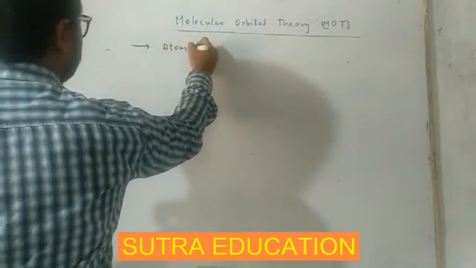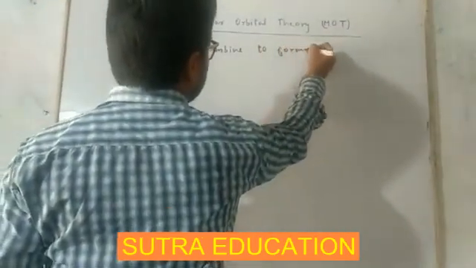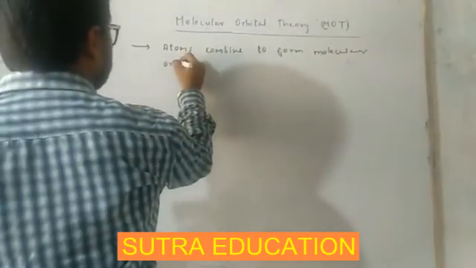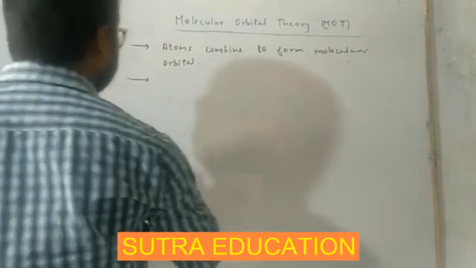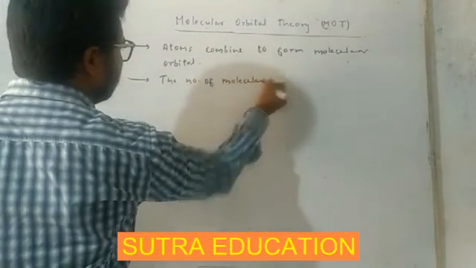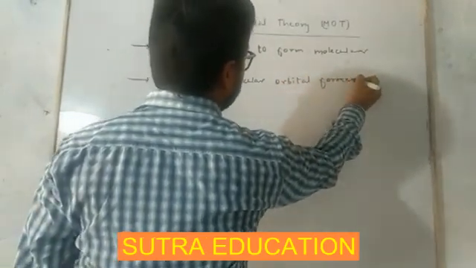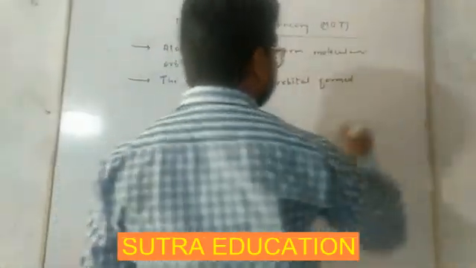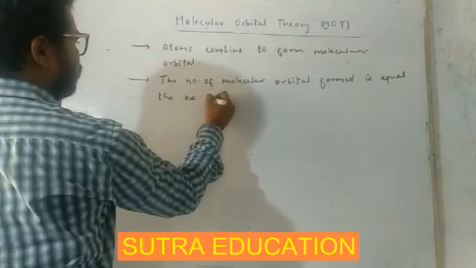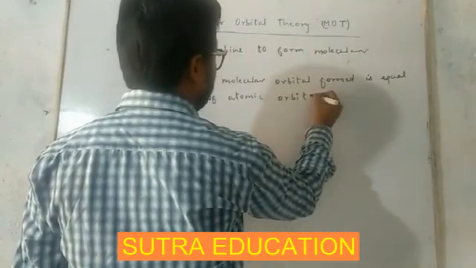Atoms combine to form molecular orbitals, and the number of molecular orbitals formed is equal to the number of atomic orbitals participated.